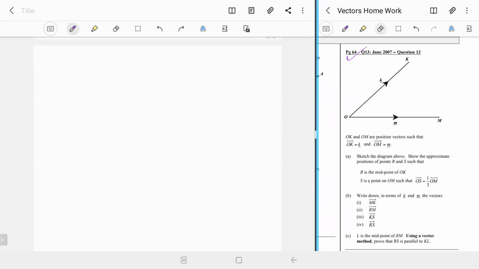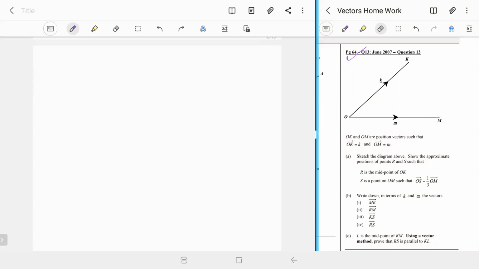In other words, to go from O to M, you use this small vector m, and to go from O to K, you use this small vector k. All right. So those are your displacement vectors. They're represented with letters now instead of with numbers.